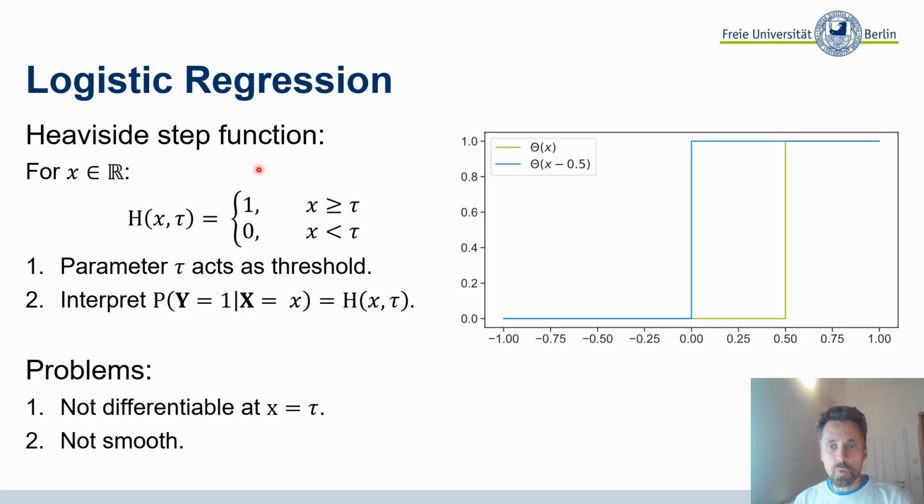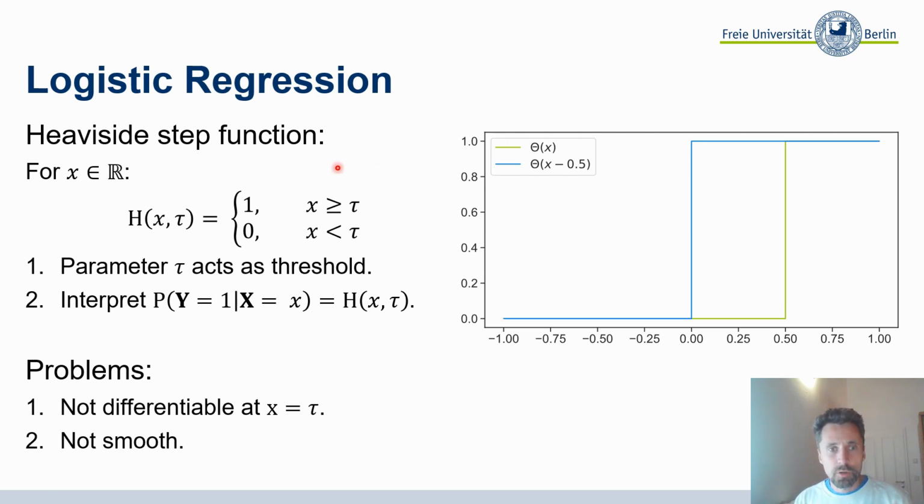So one way to represent this probability is with the Heaviside step function. So in our, let's say, one-dimensional input space for x, we have samples that all belong to class 0. So this should be output 0 of the Heaviside function, and then we have this sharp step, and all x's above a certain threshold result in an output of 1.